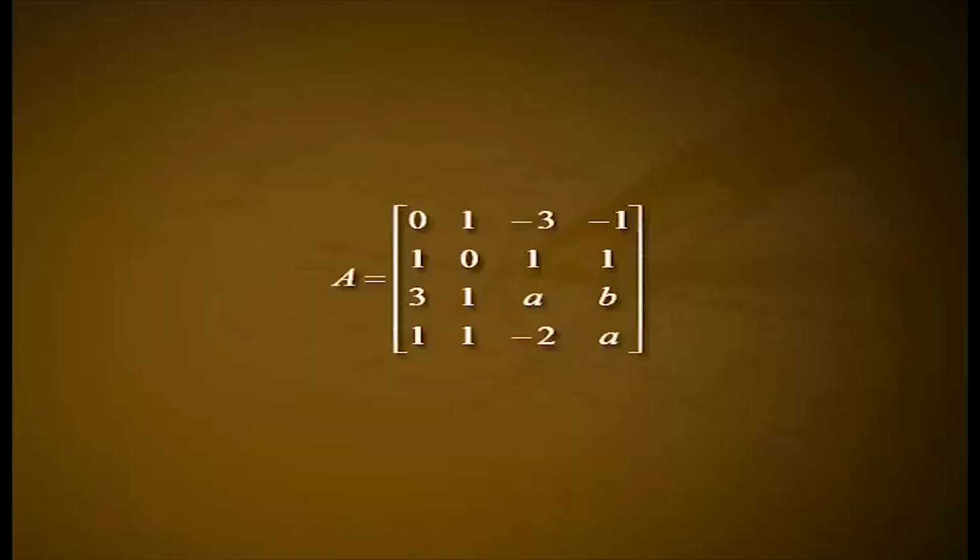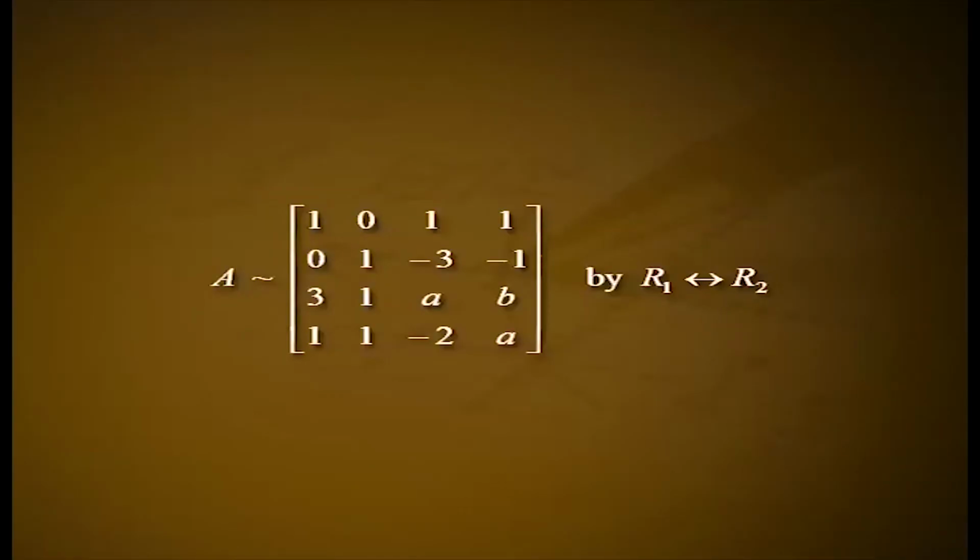Example 11. Find A, B if the rank of the matrix A is 2, where A is equal to [0 1 -3 -1; 1 0 1 1; 3 1 A B; 1 1 -2 A]. Solution.